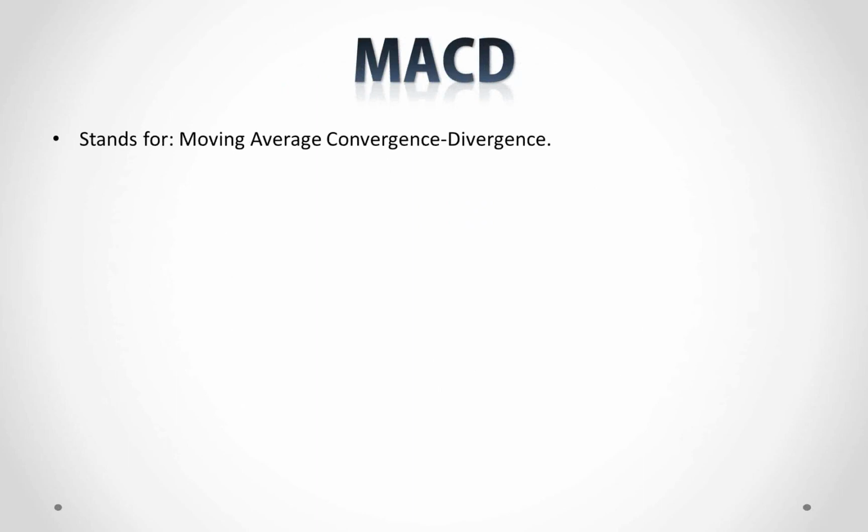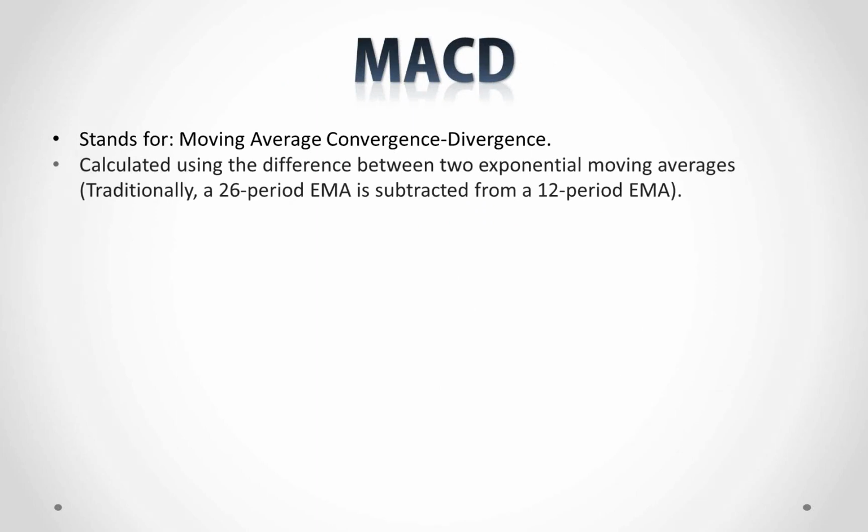So let's get into the MACD. The MACD stands for Moving Average Convergence Divergence. It is calculated using the difference between two exponential moving averages. This is traditionally going to be the 26-period exponential moving average, which is subtracted from a 12-period exponential moving average.